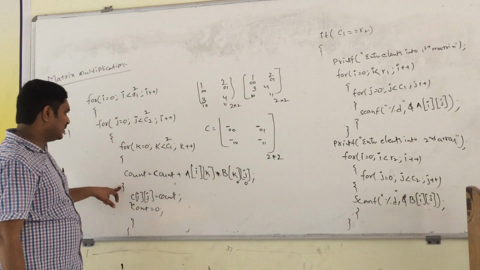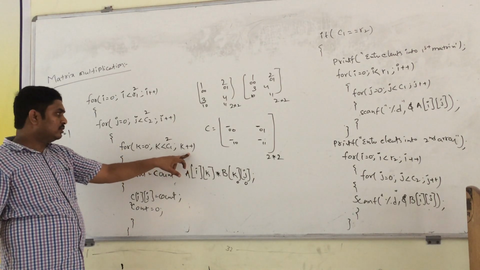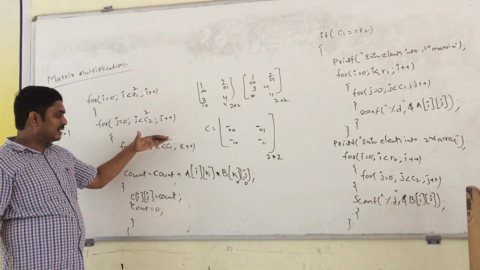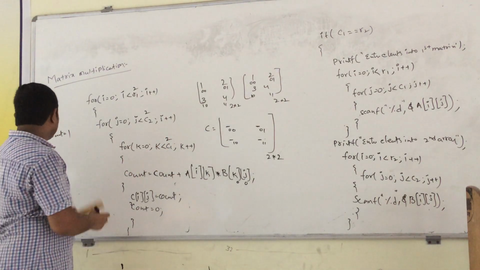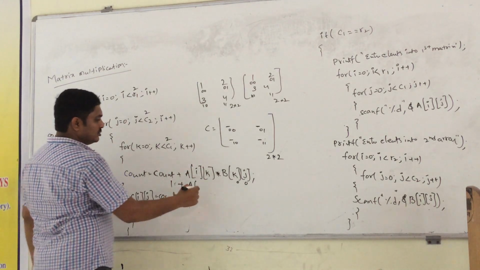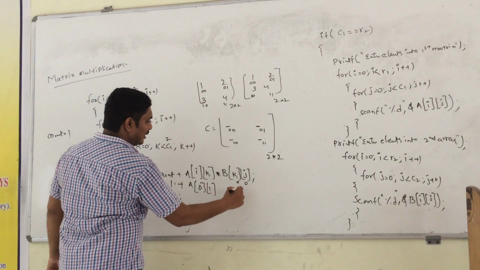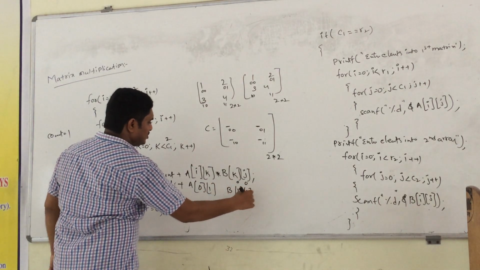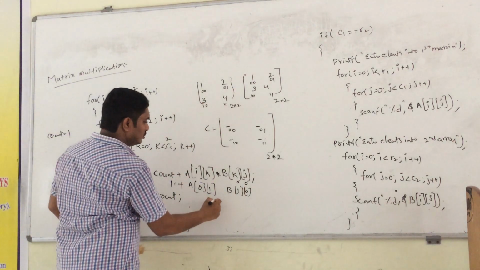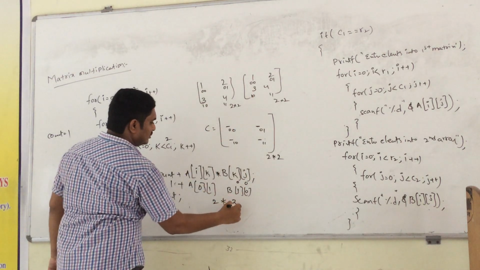So the loop ends. Then k value is incremented and k will become 1. 1 less than 2, condition true. It enters the loop. Initial count is 1 plus A of i value 0, k value 1. In the B matrix, k value is 1, j value is 0. So in A, the 0 1 element is 2, into, in B, the 1 0 element is 3.